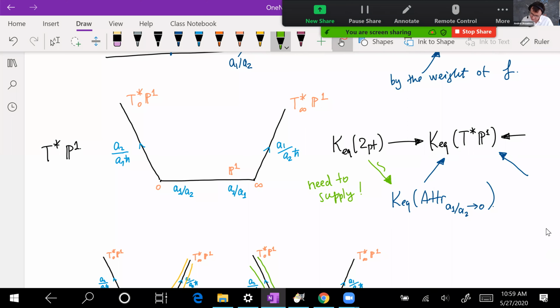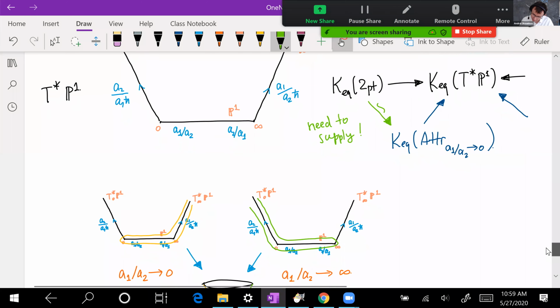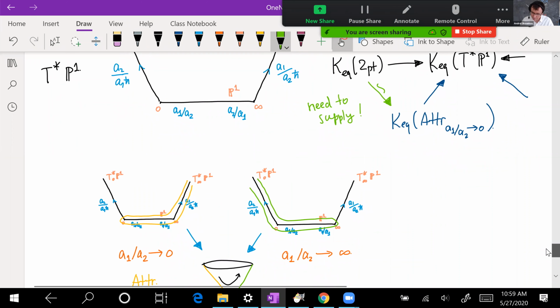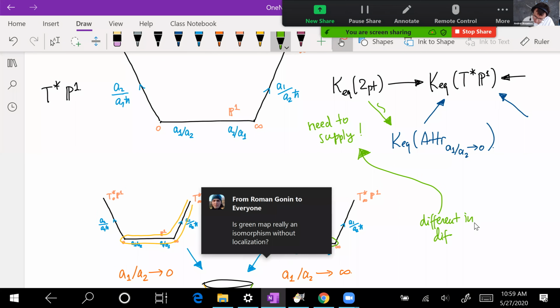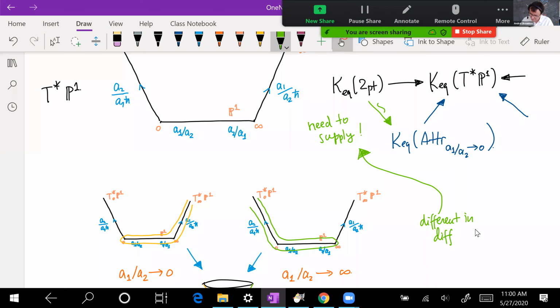And so this is more general. So this is to supply this map. So this is a different cohomology theory. Yeah, it's really an isomorphism without localization, in a different cohomology theory.